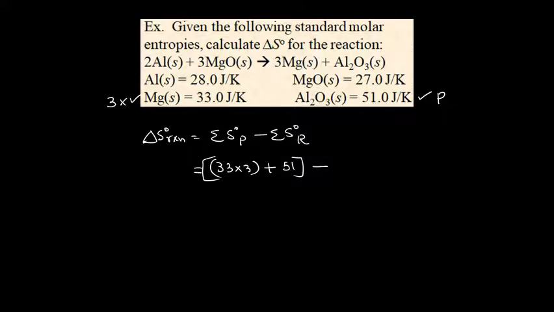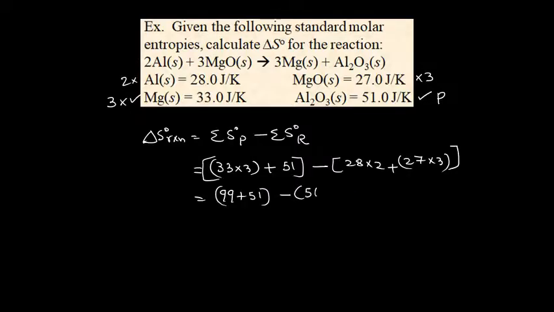The reactants are 2 aluminum, so I have to multiply the value by 2. That means 28 times 2, plus I have one more reactant which is magnesium oxide. I have 3 of them, so multiply that value by 3. So 27 times 3. And then we can simplify. That will be 99 plus 51, minus 56 plus 81, right?